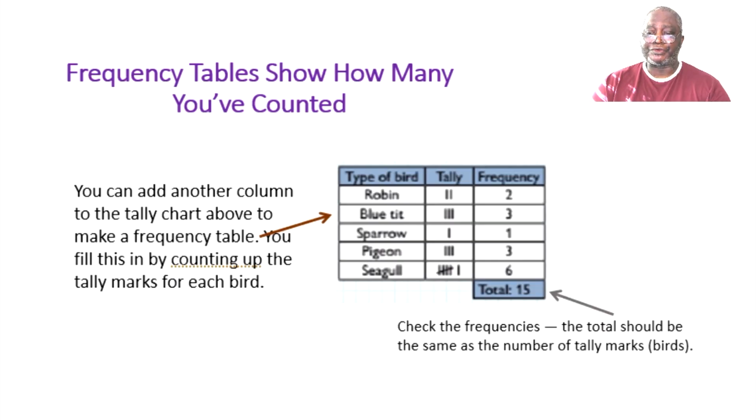Check the frequencies. The total should be the same as the number of tally marks of birds. So you not only count it, but you can easily cross-check by counting the tally itself, and then check how much you've put for each species of bird or any other data you're collecting.